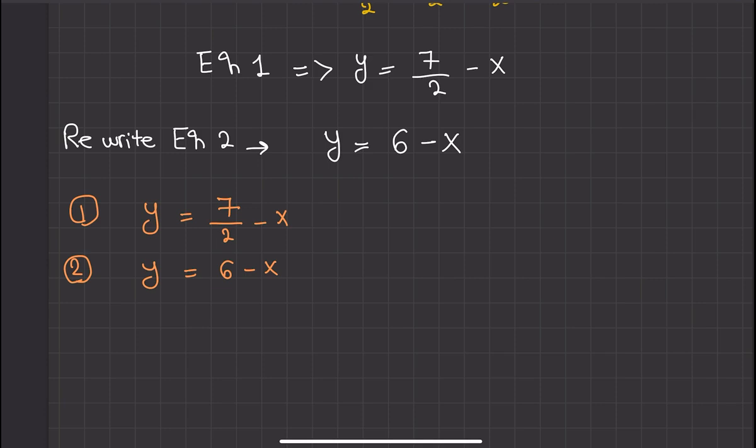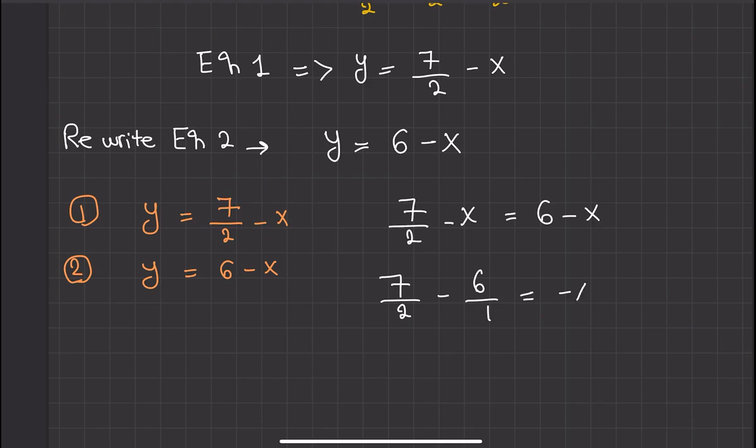So in order to solve for it, I'm going to equal these two to solve for x. I'm going to write down 7 divided by 2 minus x equals 6 minus x. Okay, so in this case, I'm going to move 6 to the left side, so it's going to be 7 divided by 2 minus 6 divided by 1.